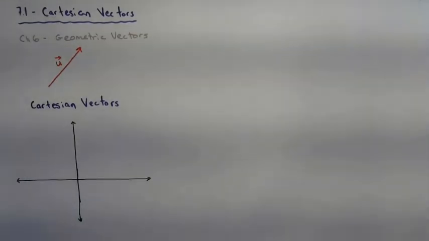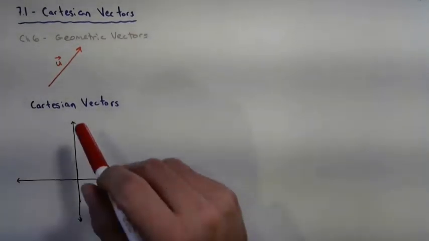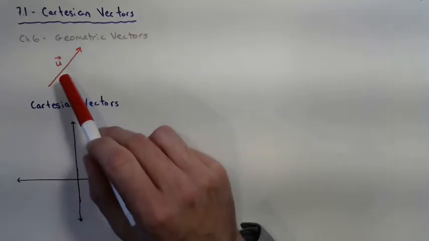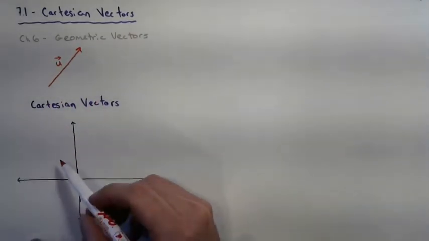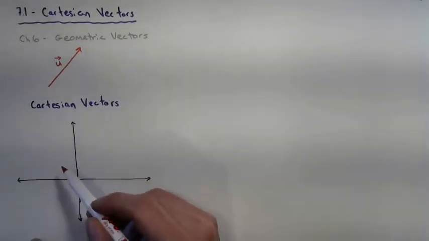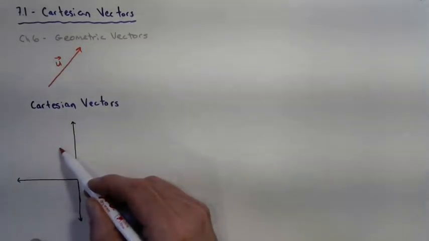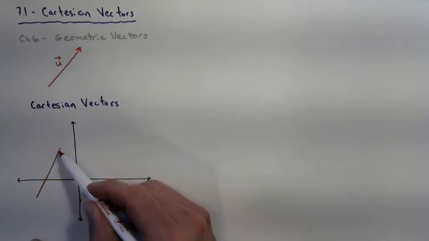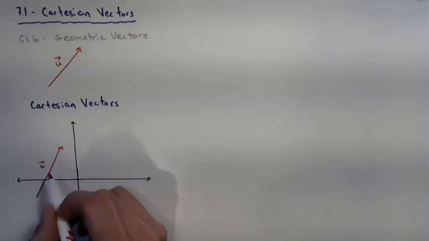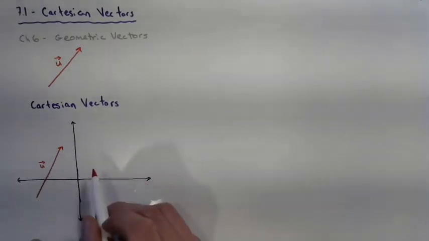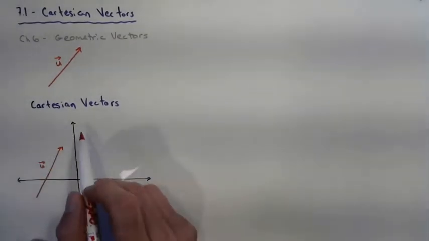So again, let's consider from Unit 6, we could have taken any geometric vector, vector u, but now in Unit 7, we're going to be expressing vectors as Cartesian vectors. Okay, so I'm going to draw, it's not quite the same, but let's say that's vector u again down here, and this time it's been drawn on a Cartesian grid, which makes it a Cartesian vector.